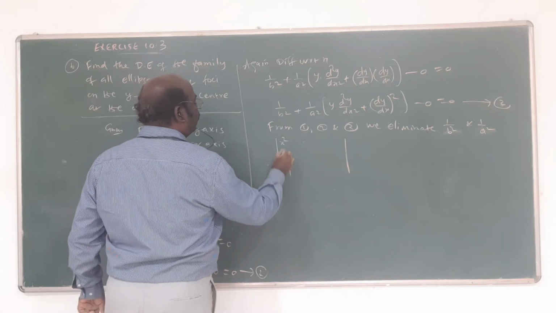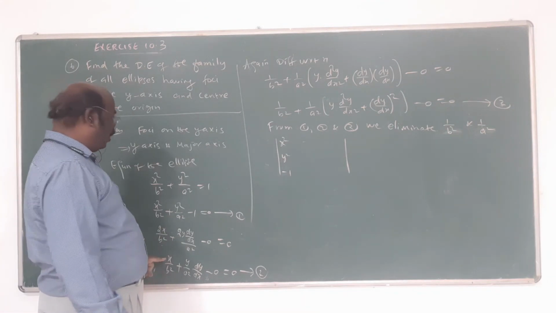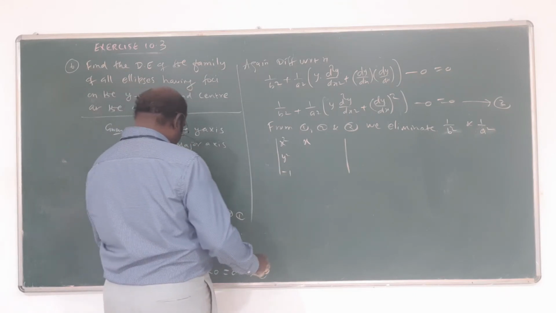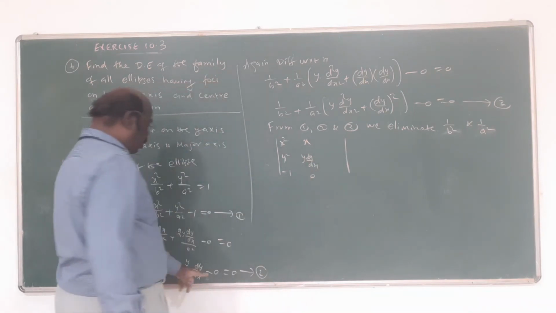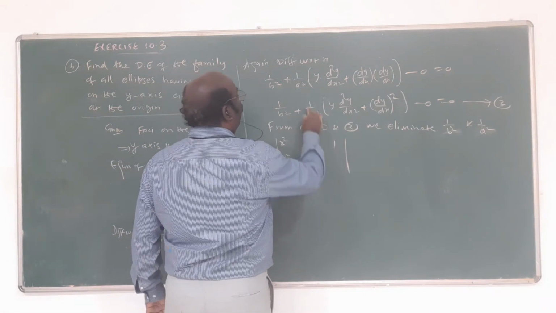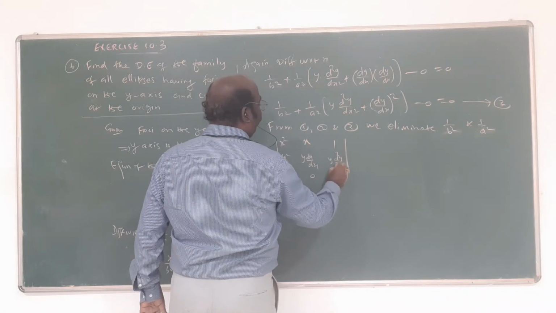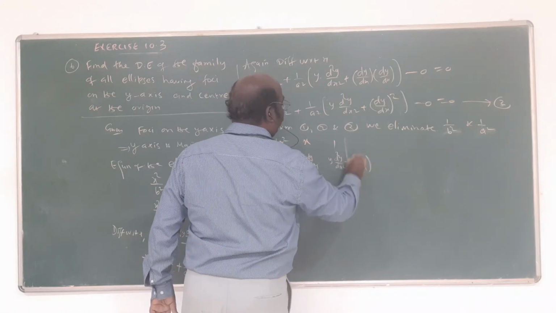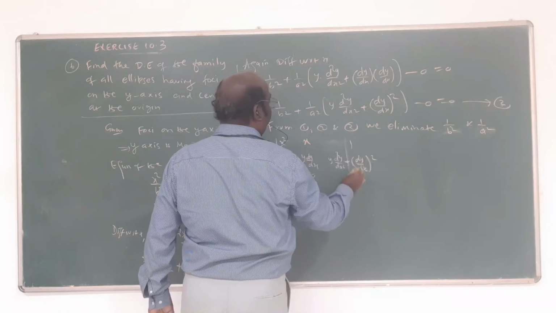In this way you write the first row. Second: eliminate 1 by b square, only x, then y into dy by dx with 1 by a square, and the last is 0. Third: 1 by b square cancels, here y into d square y by dx square plus dy by dx whole square. Am I correct? The last one is 0.